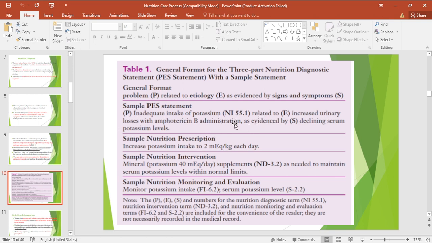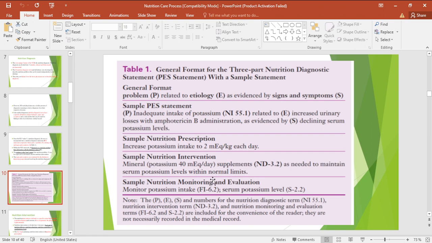So your clear PES statement here will be: inadequate intake of potassium related to increased urinary losses with amphotericin B administration as evidenced by declining serum potassium levels. And then now you go ahead and prescribe for the patient once you have stated the problem statement and the diagnosis. What is your intervention?